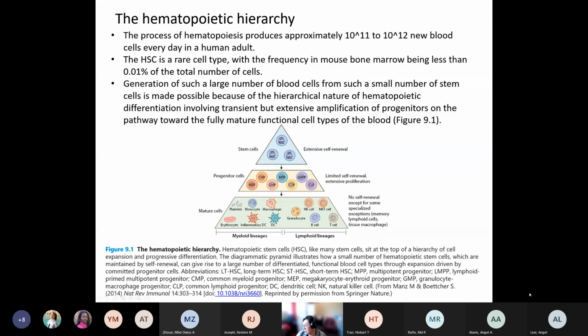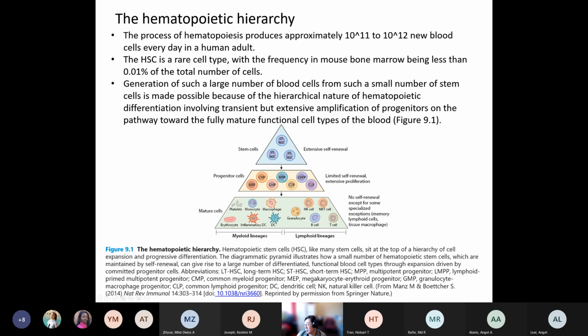But let's look at some more detailed information here. I would like you to see that on the apex, the cell is called LTHSC, which stands for long-term hematopoietic stem cell. And next to it is the short-term hematopoietic stem cell, or STHSC. And then you have progenitors.